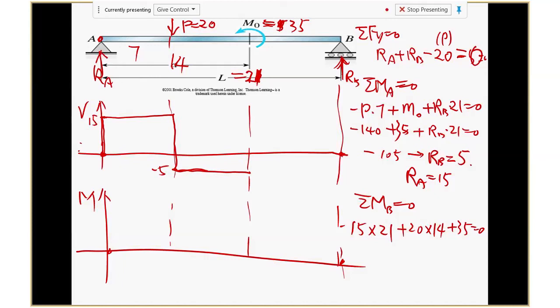No, because that's a moment. Okay, remember, force sees a jump, moment does not. Ignore it. So just keep going. -5 here, then go back up to 0. Say RB is 5, right? Okay. V is done. Now what about M?